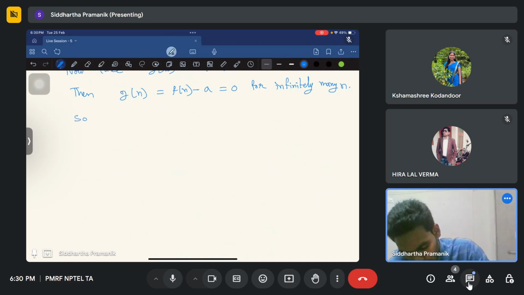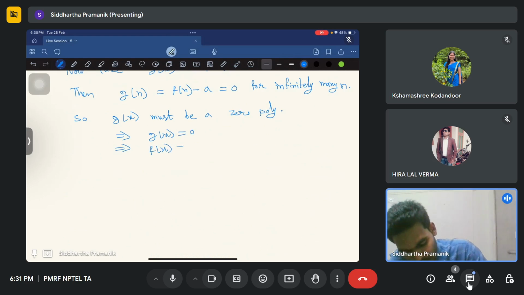So g(x) must be a zero polynomial. So that means g(x) equals 0. So f(x) is equal to a. So that means f(x) is a constant polynomial.